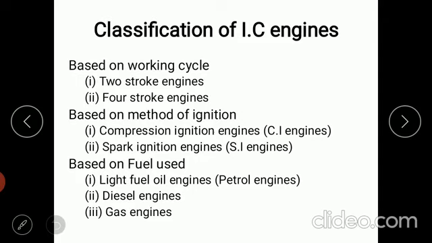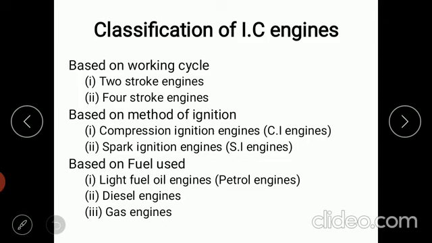Again, IC engines are classified based on different parameters. First one is based on working cycle, whether it is a 2-stroke cycle or 4-stroke cycle. Based on method of ignition, we can classify whether it is a spark ignited engine or compression ignited engine.